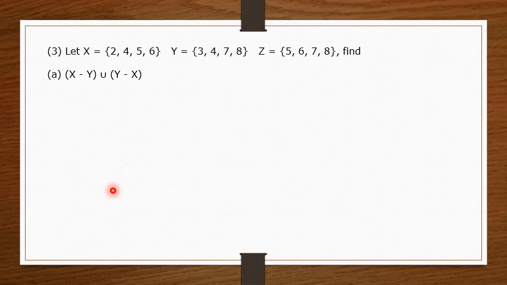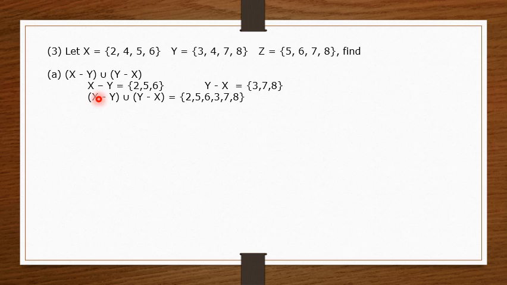The third question: the sets X, Y and Z are given. We need to find X minus Y union Y minus X. To find this set, first we need to find X minus Y, then Y minus X, then the union of those two sets.